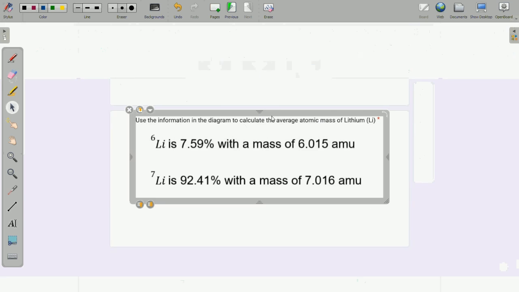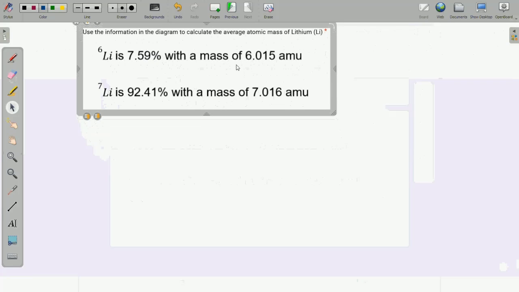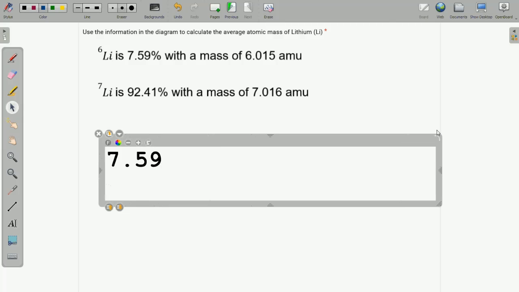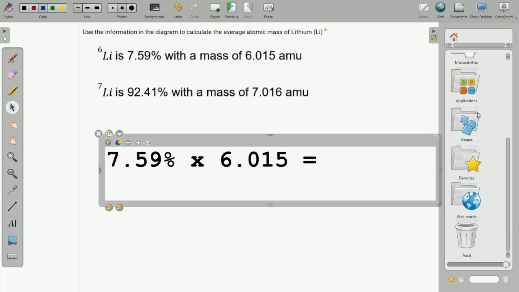So the way you're going to do this is you're going to say 7.59% times 6.015. All right, and then that's going to give you a number.